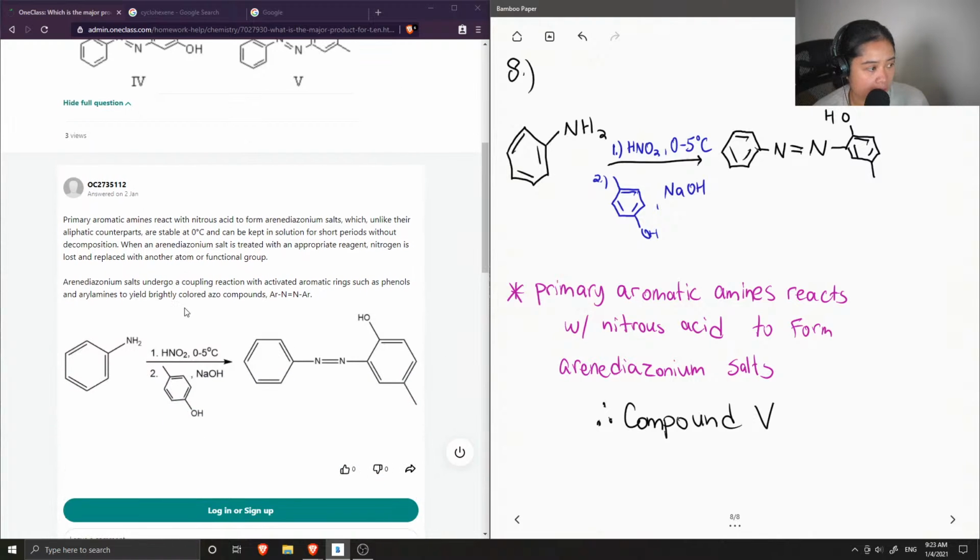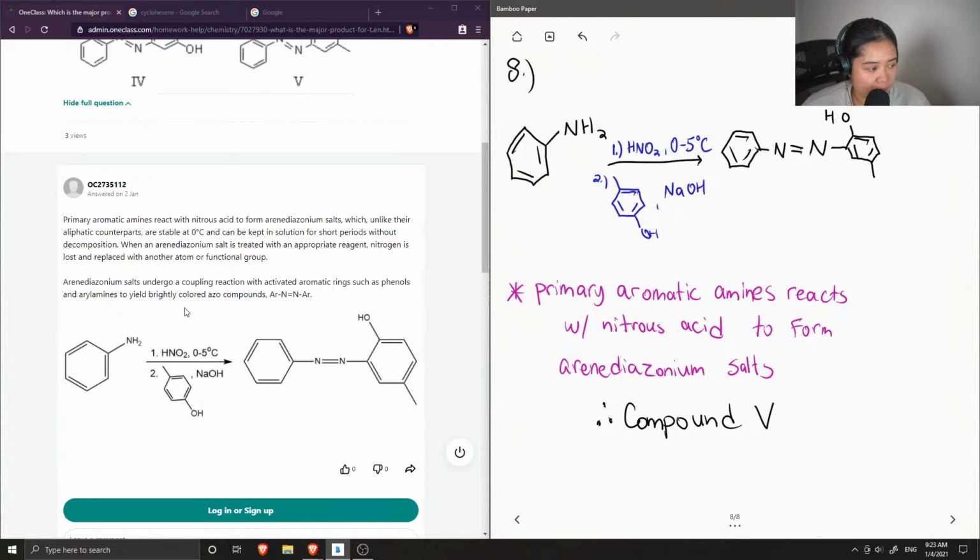And the junior tutor said that primary aromatic amines react with nitrous acid to form arene diazonium salts, which, unlike their aliphatic counterparts, are stable at 0 degrees Celsius and can be kept in solution for short periods without decomposition. When an arene diazonium salt is treated with an appropriate reagent, nitrogen is lost and replaced with another atom or functional group.